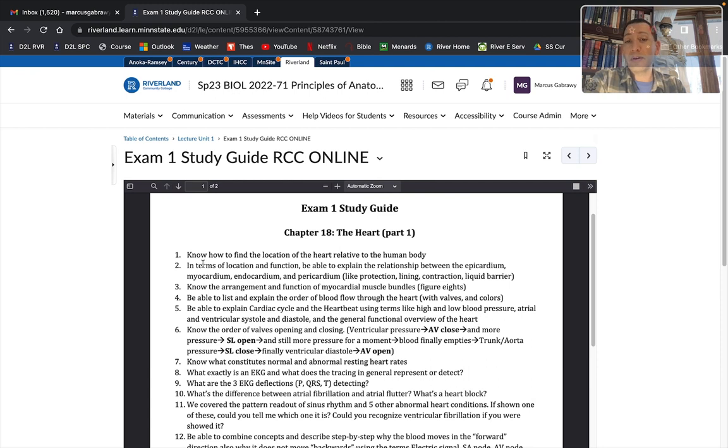It says, number 1, know how to find the location of the heart relative to the human body. Number 2, in terms of location and function, be able to explain the relationship between the epicardium, myocardium. So I'm giving you an idea of what you need to know.